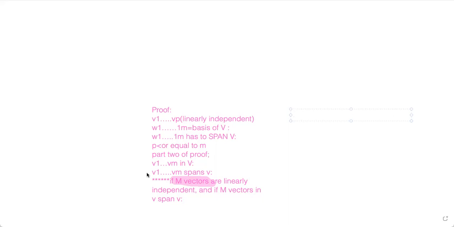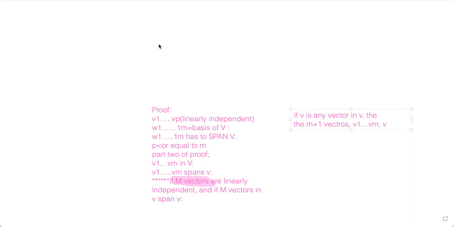We need to figure out that V1 through Vm spans V. So if V is any vector in V, then the m plus 1 vectors V1 through Vm, V, right?